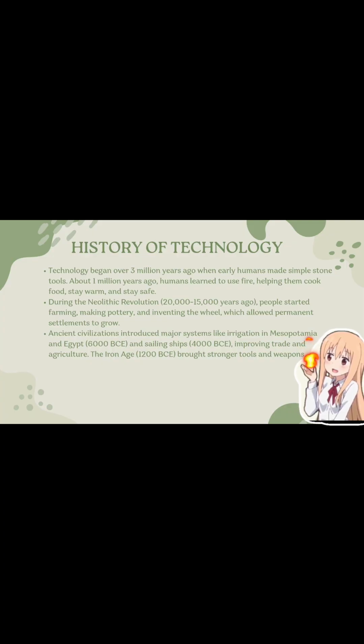Well, they discovered fire from nature, like they collected it from lightning strikes, volcanoes, or wildfires. And then later on, they discovered how to make fire by using the friction method, like rubbing two dry sticks together very fast, or the stone method, like hitting flint stones together.